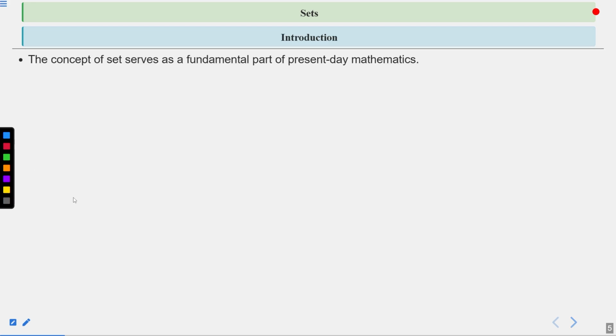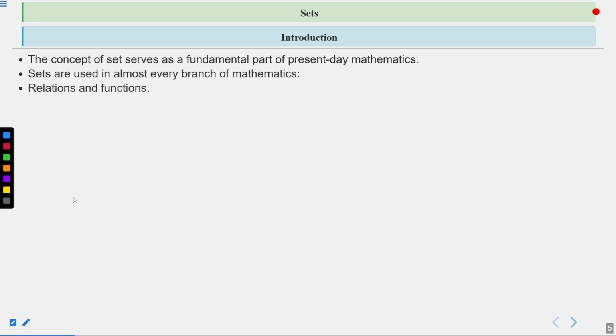So starting with some introduction. The concept of set serves as a fundamental part of present day mathematics. As you open any chapter, knowingly or unknowingly, you will be encountering sets. Sets are used in almost every branch of mathematics.